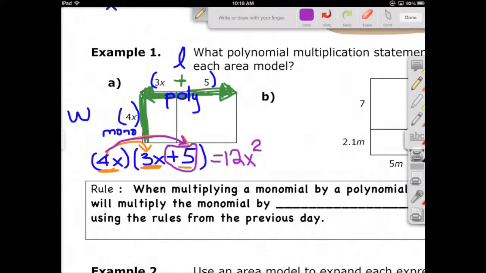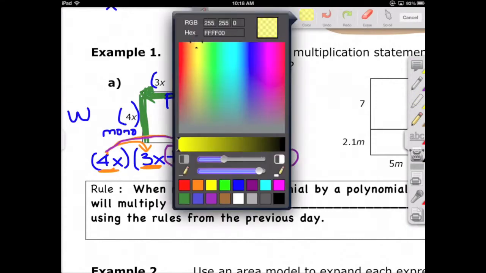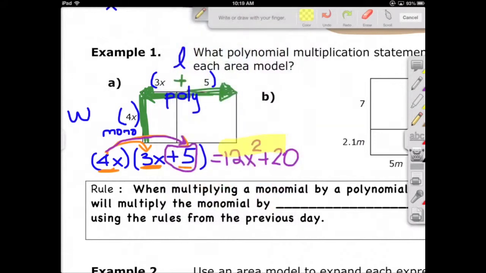I always sort of put a circle around that so that you know what you have is a positive 20 value. And that, ladies and gentlemen, is our finalized expression. And there's our answer right there. So the area of a rectangle with width 4x and length 3x plus 5 is 12x squared plus 20.